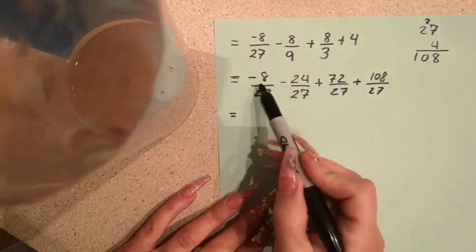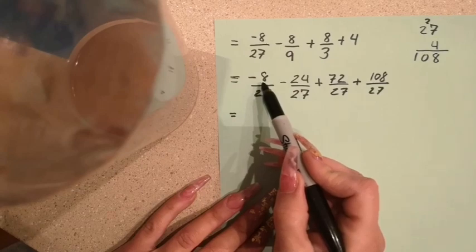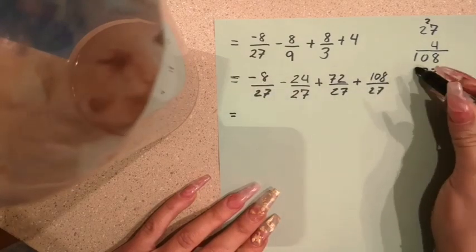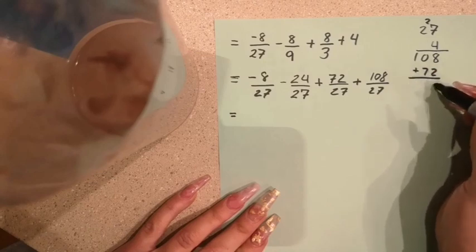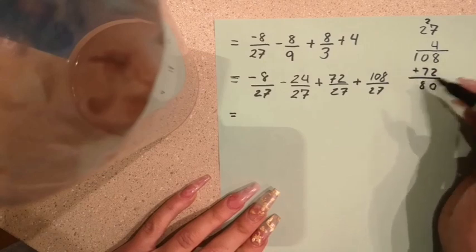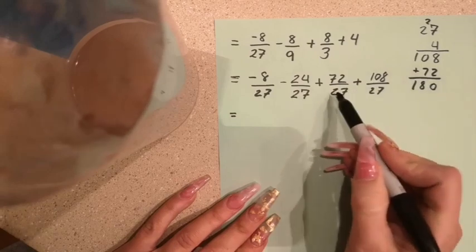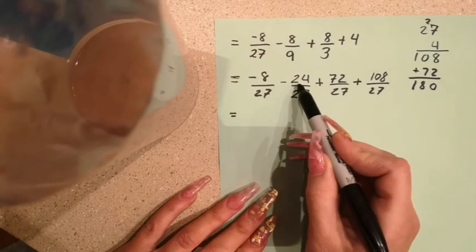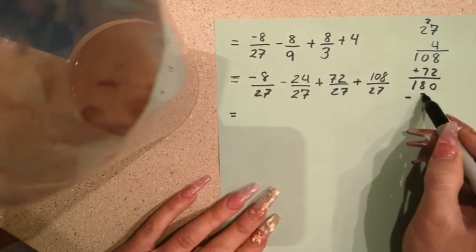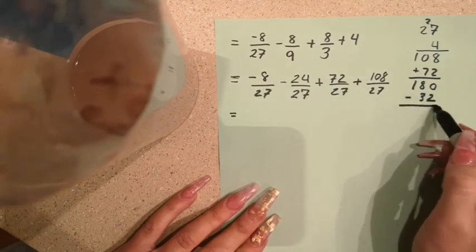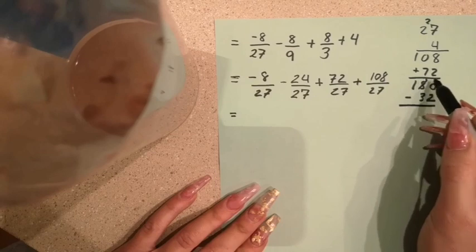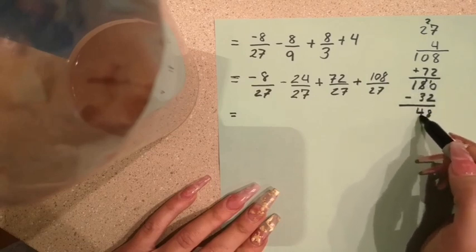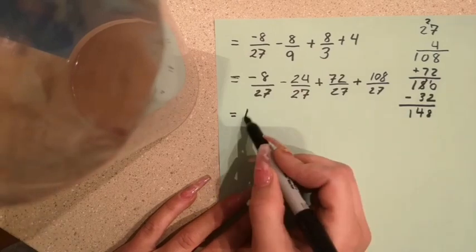So 108 add 72, that's 180. That takes care of these two. And then I have minus 24, minus 32... so that's 148.